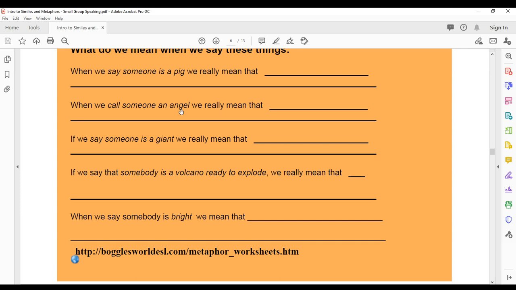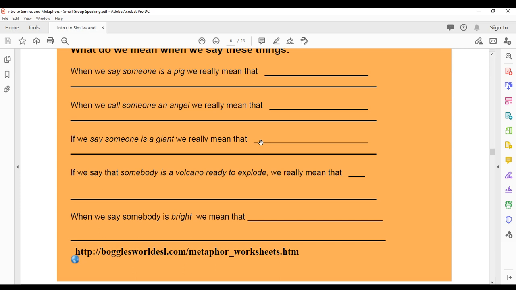If I say my sister is an angel, that means that she's kind and she's sweet and she's gentle, and her house is messy. No, I'm just kidding. If we say someone is a giant, we might be talking about their physical stature and their physical appearance, like they might really be tall and big, or we might just mean that when they're in a room, everyone notices them, or maybe they're powerful in a business setting. Maybe they just have this big presence.